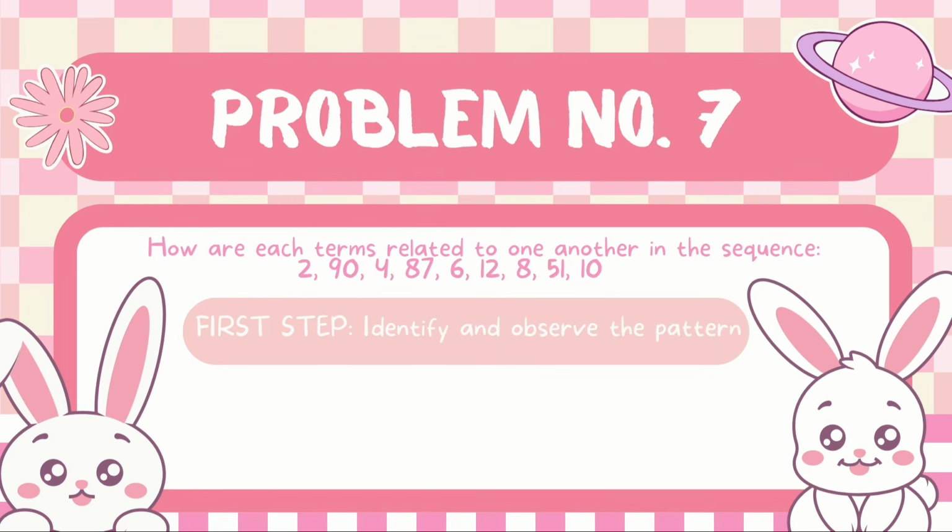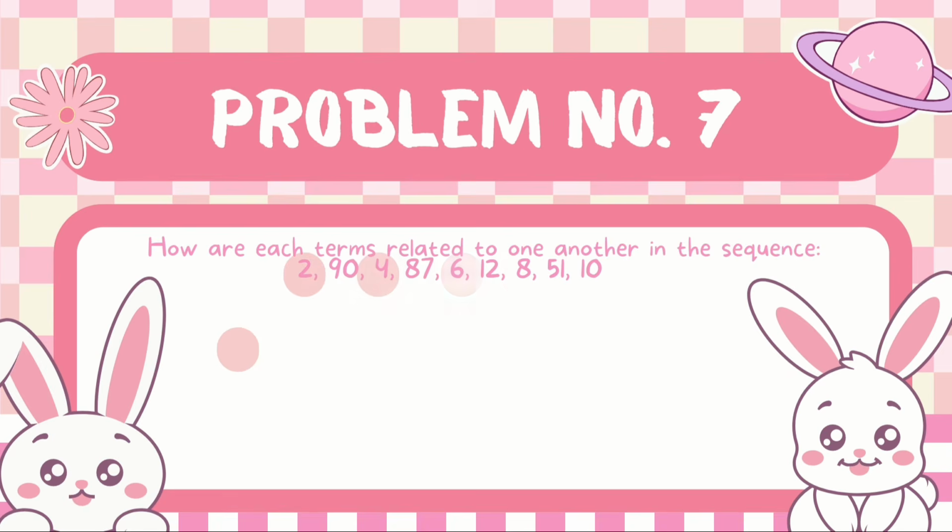Identify and observe the pattern. Try to solve it on your own. What will be the possible pattern for these numbers? So as you can see, this pattern is a little bit difficult.